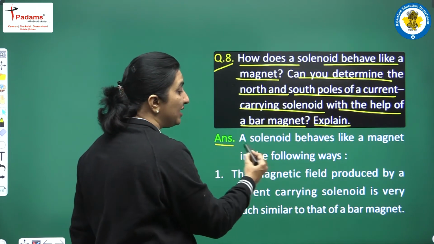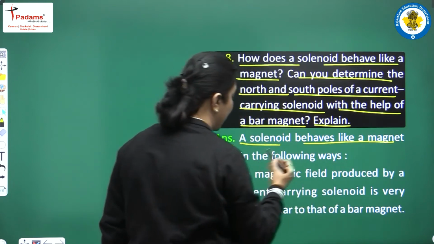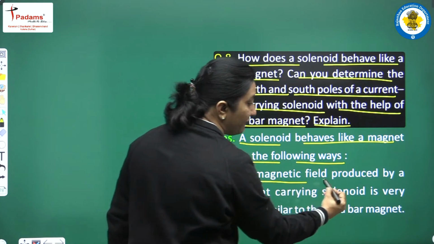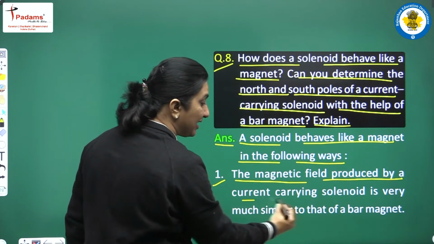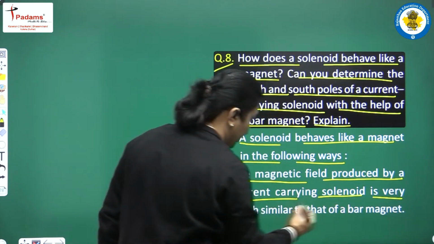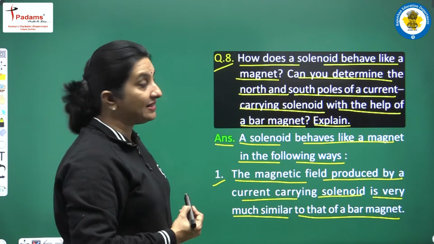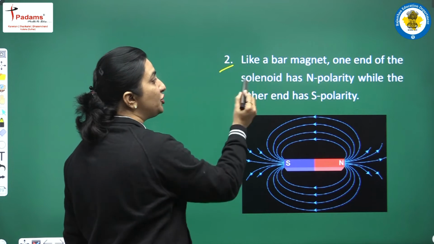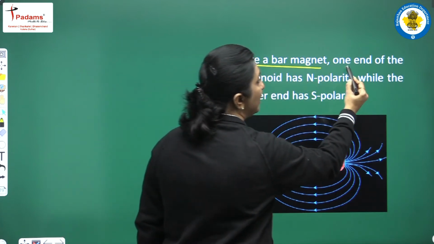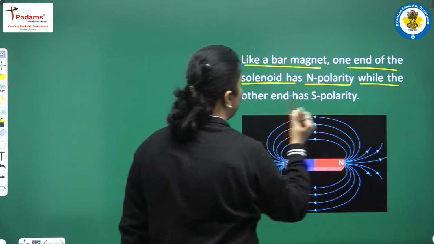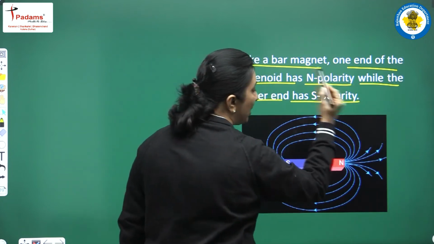So the answer, a solenoid behaves like a magnet in the following ways. First, the magnetic field produced by a current carrying solenoid is very much similar to that of a bar magnet. And the point 2 is, like a bar magnet, one end of the solenoid has north polarity while the other end has south polarity.